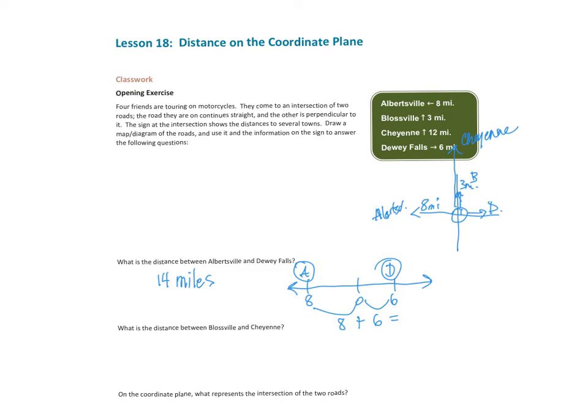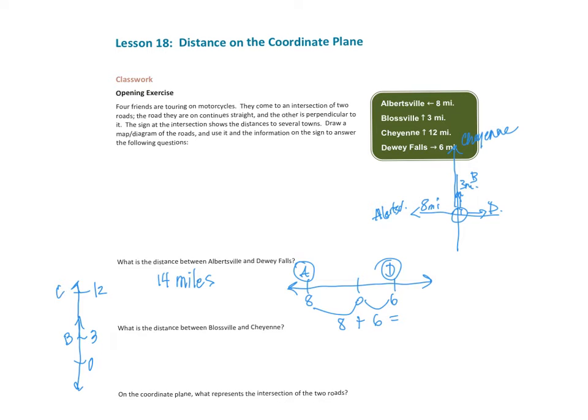What is the distance between Blossville and Cheyenne? I'll draw right over here. Blossville from this 0 point went up 3 miles, right? So there's the B for Blossville. But then Cheyenne continued up. Here's the 12, right?